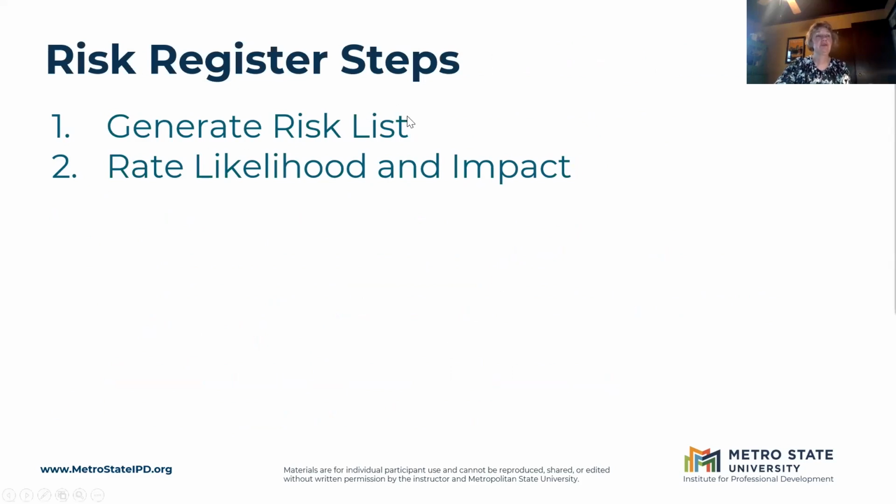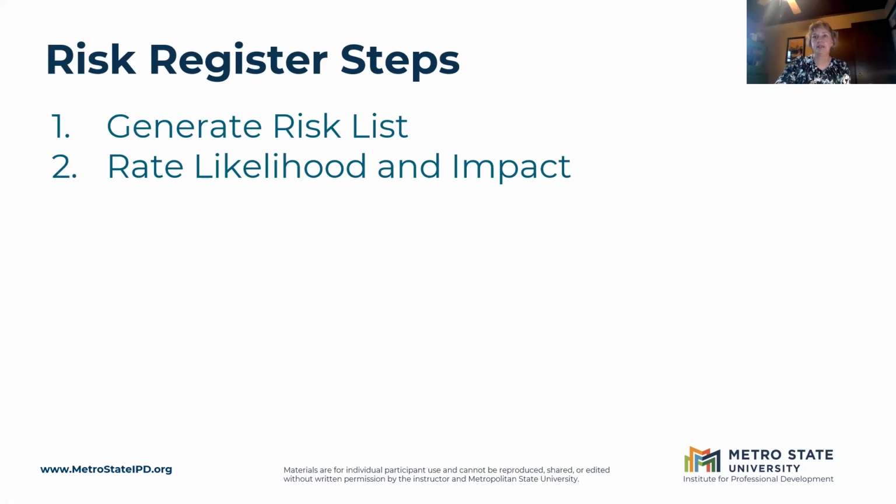All right, so we've generated our risk list, and now the next thing we want to do is rate the likelihood and impact of those things happening. This is another opportunity for input. If you've done the risk list on your own, you can still at this point take it to others and ask what they think the likelihood and impact of these things happening is.